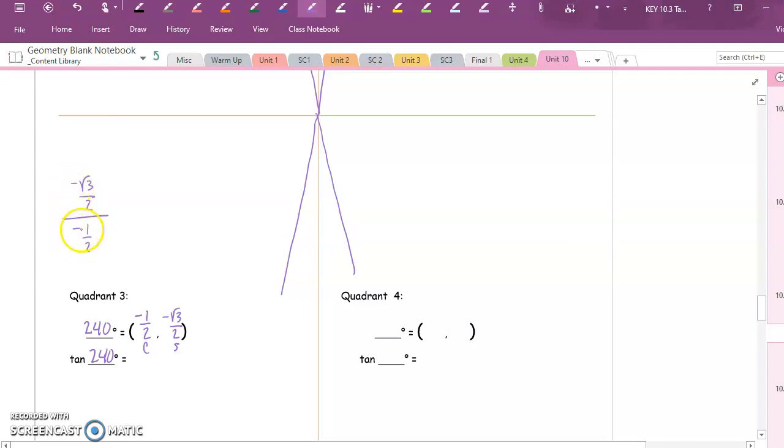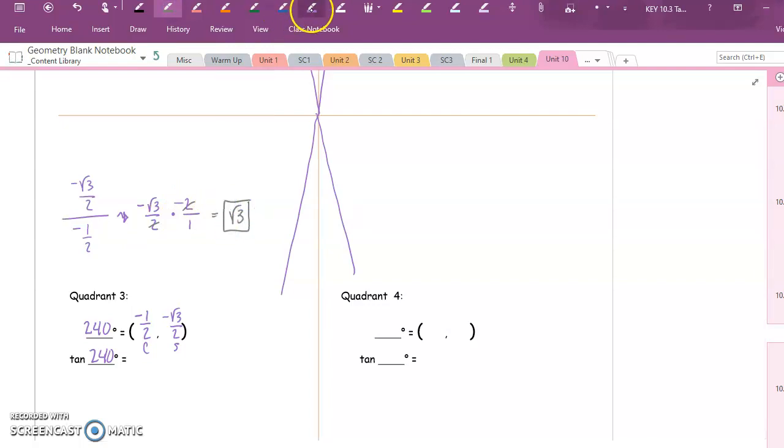Keep in mind, a negative divided by a negative is a positive number. So eventually my answer is going to be positive. In order to divide fractions, you're going to keep the top, flip the bottom, and it changes to multiplication. The 2's cancel, so we're left with a positive square root 3.